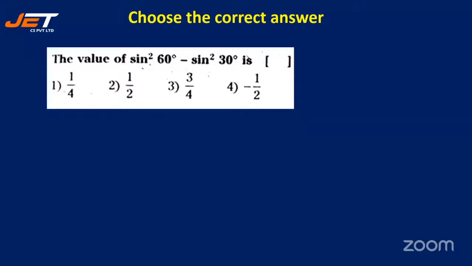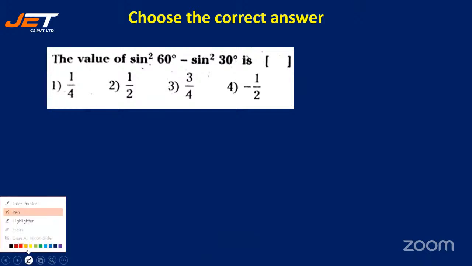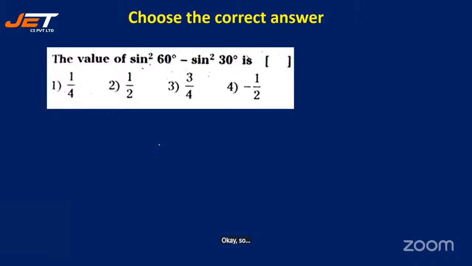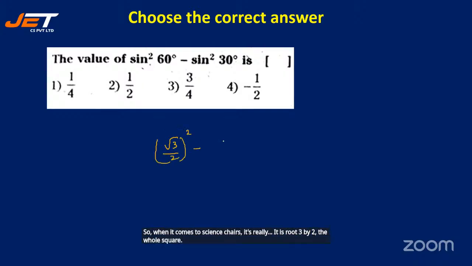All right. So sine 60 is root 3 by 2. So when it comes to sine square 60, it is root 3 by 2 the whole square minus what is sine 30?